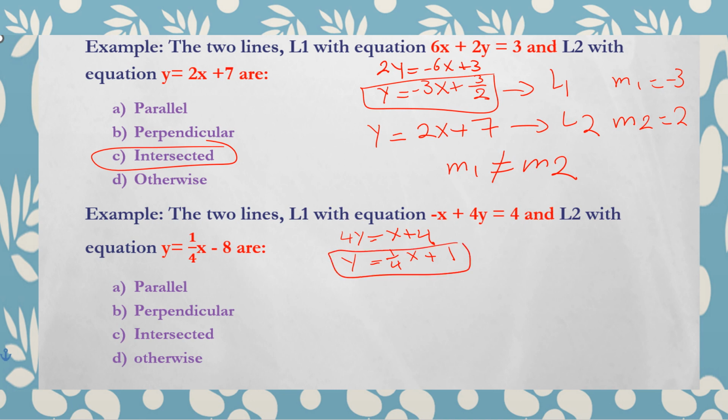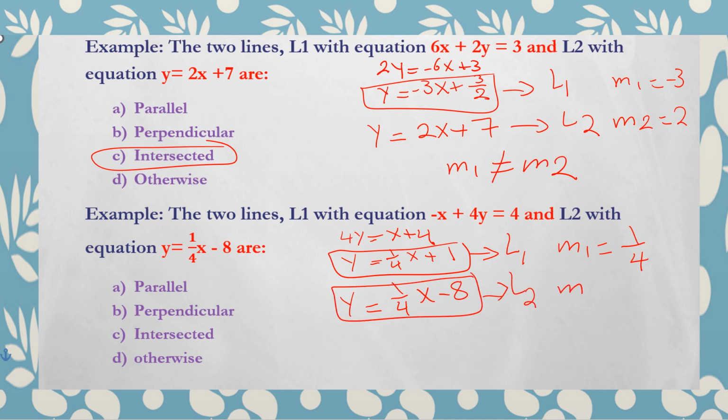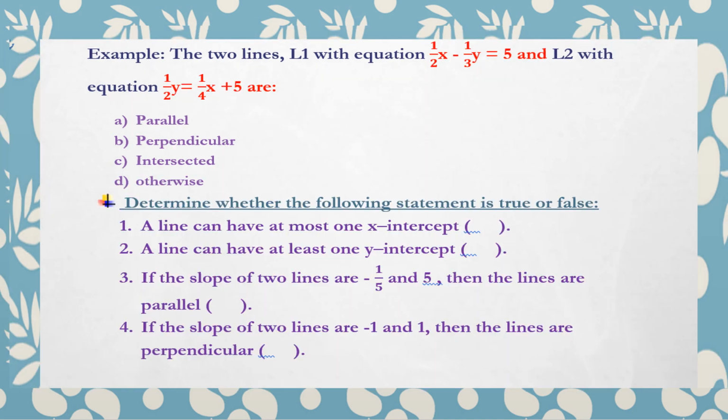This is the equation of the first line, and the slope of the first line equals a quarter. The equation of the second line is y equals 1 over 4 x minus 8. This is L2, and m2 equals a quarter also. So m1 equals m2, and the two lines are parallel, and the correct answer is A.